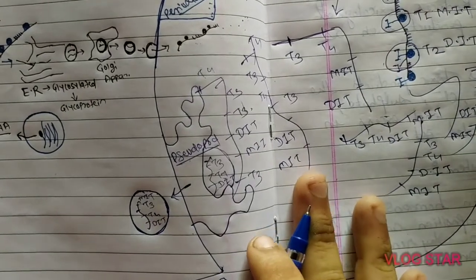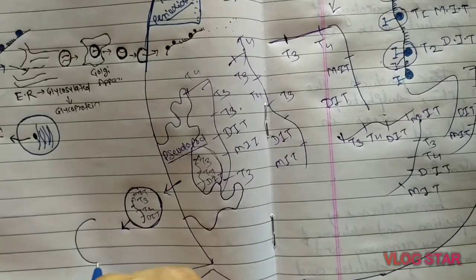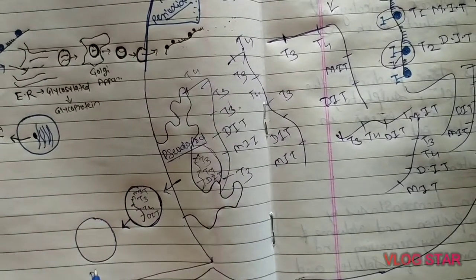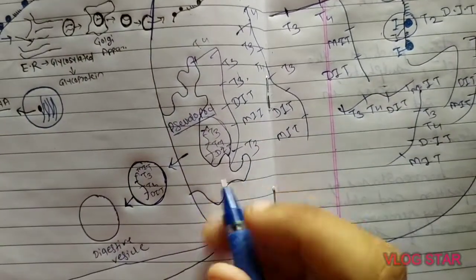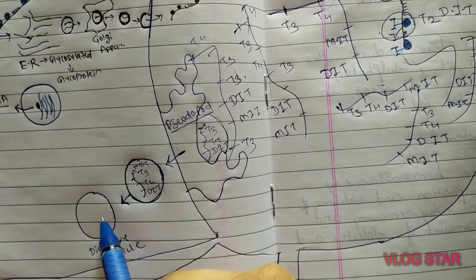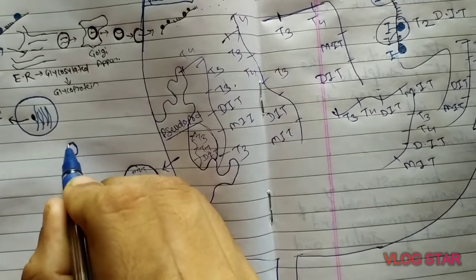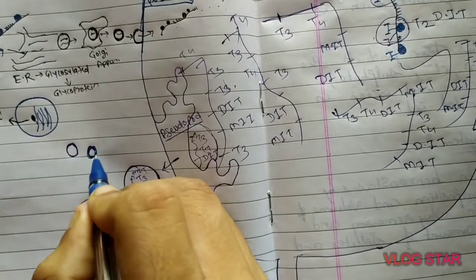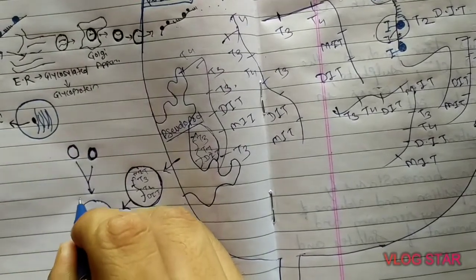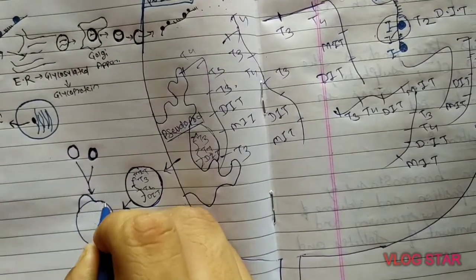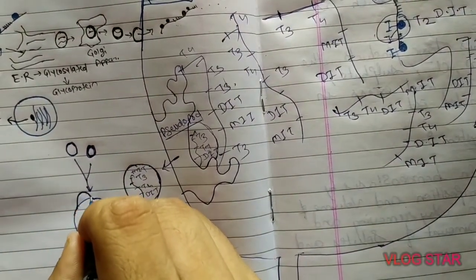For the digestion purpose, this pinocytic vesicle has to be converted into the digestive vesicle. So there are numerous lysosomes present inside the cell. These lysosomes come and bind with this pinocytic vesicle. Let's draw with another pen.